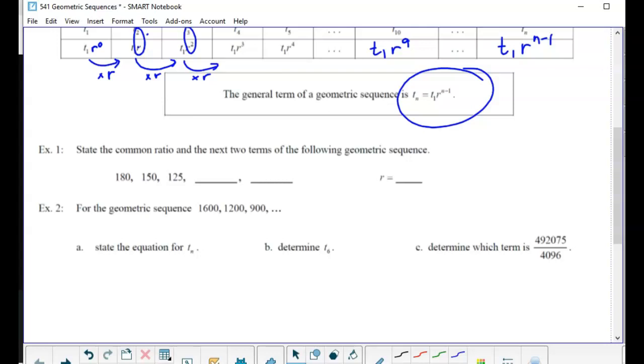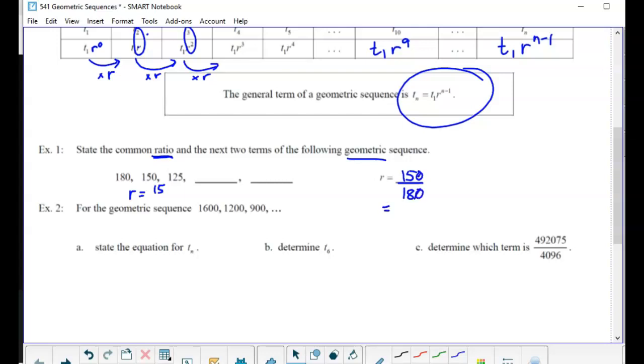All right, so state the common ratio and the next two terms of this geometric sequence. So you don't even have to think about it if it tells you what kind of sequence it is, right? You know it's going to be a multiplication, or this gives it away as well, common ratio. So to get R, we can go 150, term 2, divided by term 1, and reduce that.